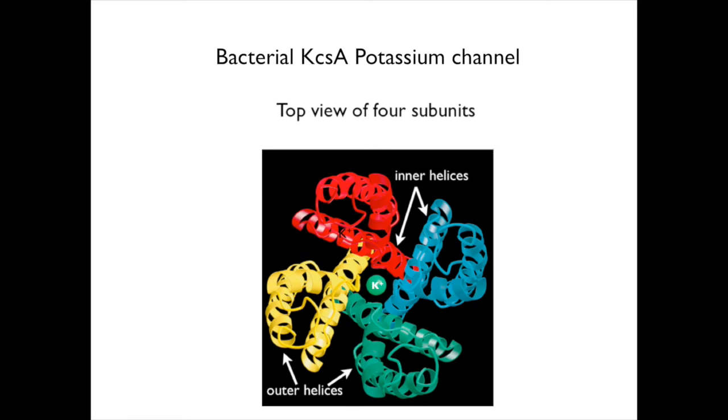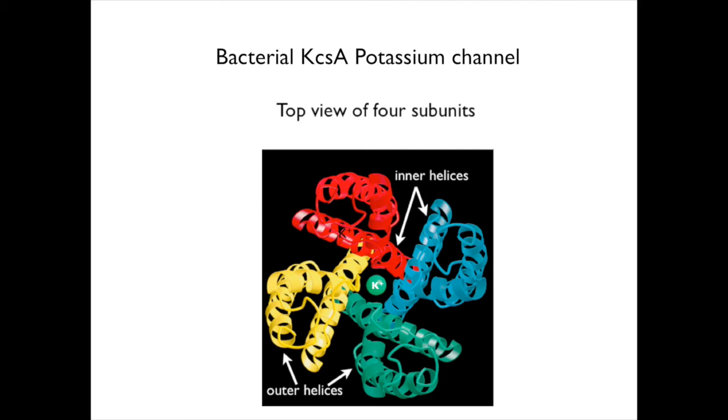Each subunit in turn has only 2 segments, an outer helix or segment that faces the lipid membrane and an inner helix that faces the central pore. The outer helices of 2 subunits, the green and yellow subunits, are indicated by the arrows, as are the inner helices of the blue and red subunits.